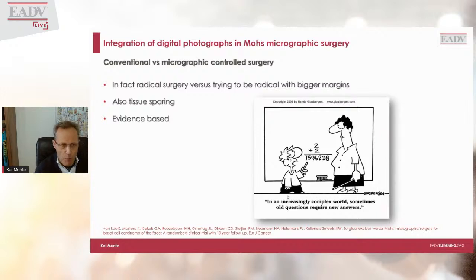So if we compare conventional versus micrographic controlled surgery, we can point out that micrographic surgery is radical surgery, whereas conventional surgery is trying to be radical with bigger margins. It's also tissue sparing, and everything is evidence-based.